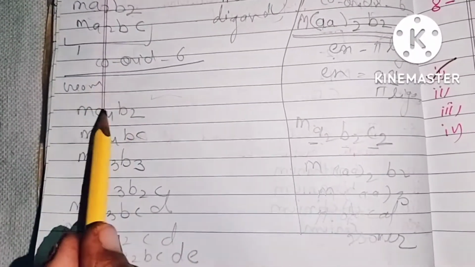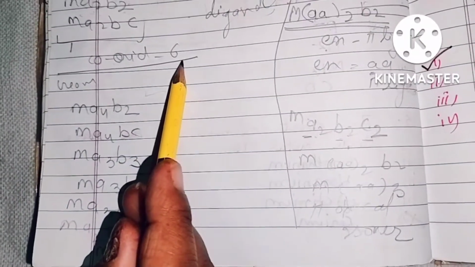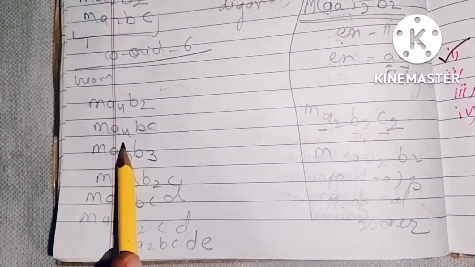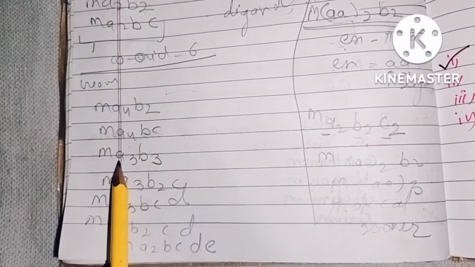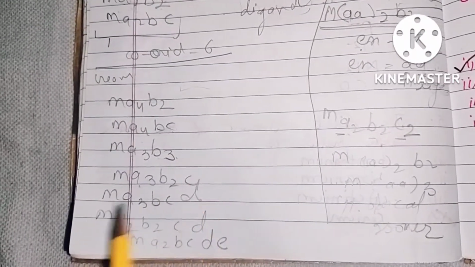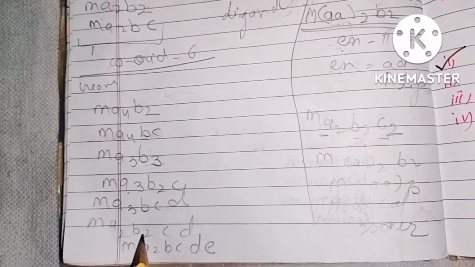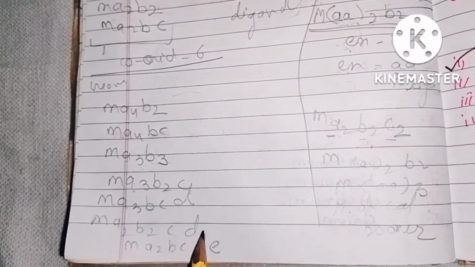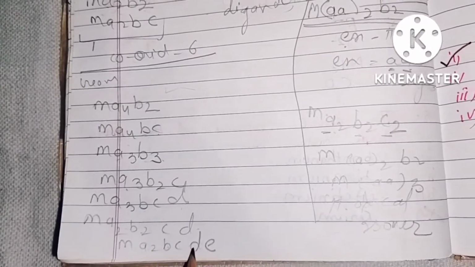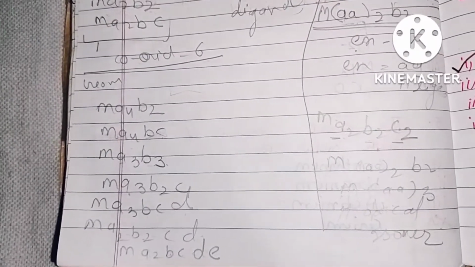But these different ligands all give coordination number 6.